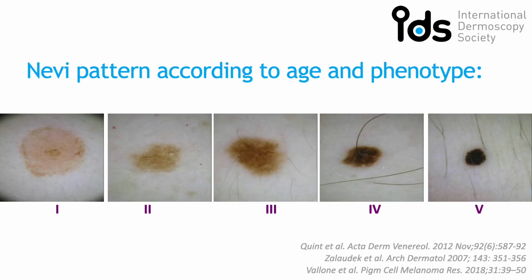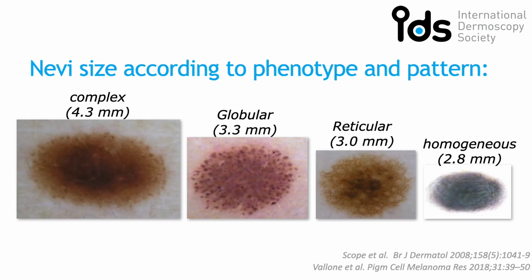Another interesting point is that according to our skin type, our phenotype, the first skin type will present the biggest and the lightest nevi, in contrast to the darkest skin type, which presents the smallest and the darkest.